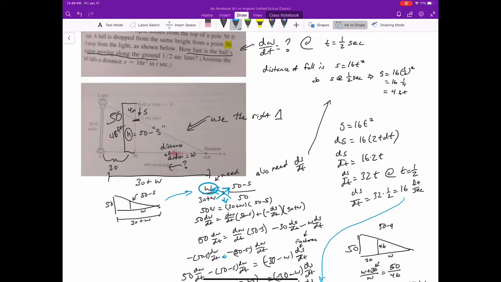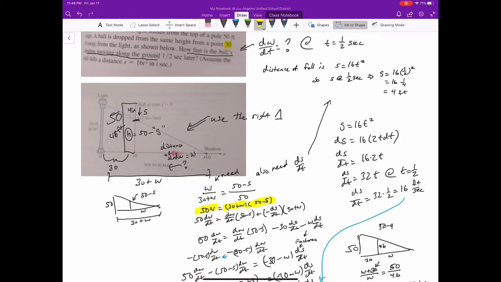You'll see W and 50 get multiplied together, and 30 plus W multiplies with 50 minus s. So we're now at 50W and (30 + W) times (50 minus s).